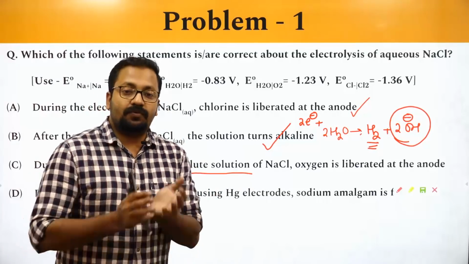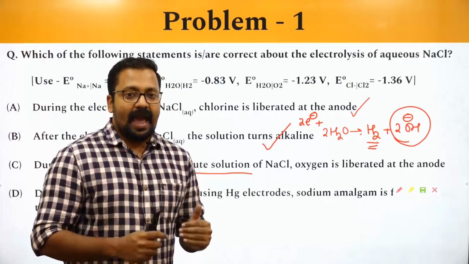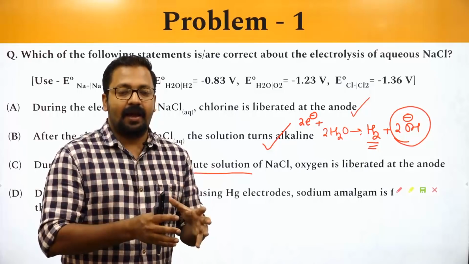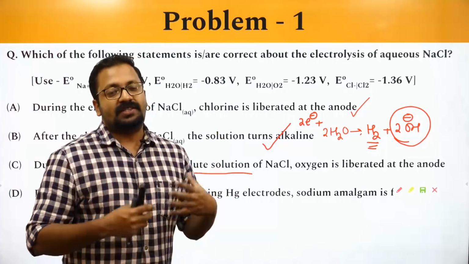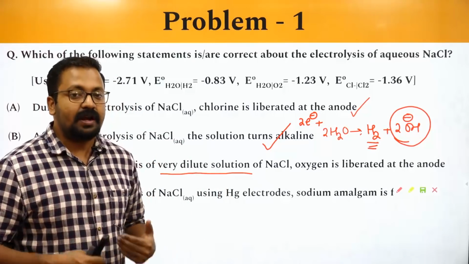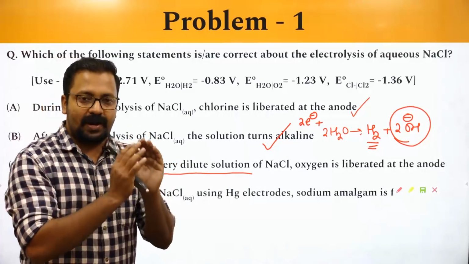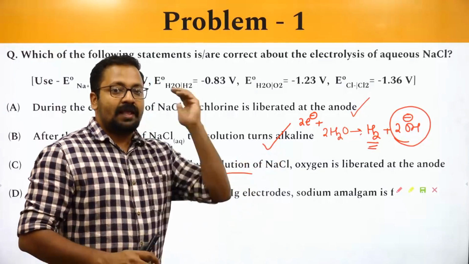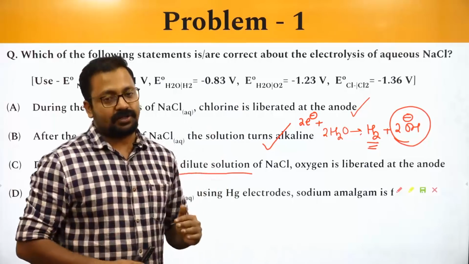Since a substantial amount of chloride ion and sodium ion is not present, the reaction takes up those components which are present in greater amount, in which the collision frequency is higher, in which the reaction favorability is higher. So the reaction depends on the amount of substance, and since their amount is so low, the reaction goes in favor of the other competing reaction.